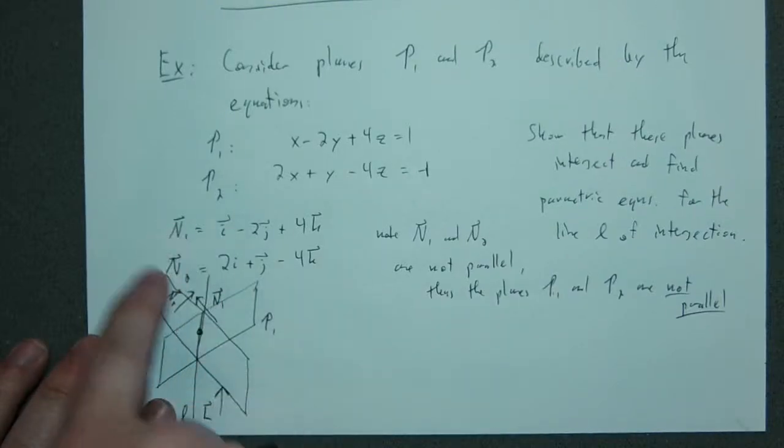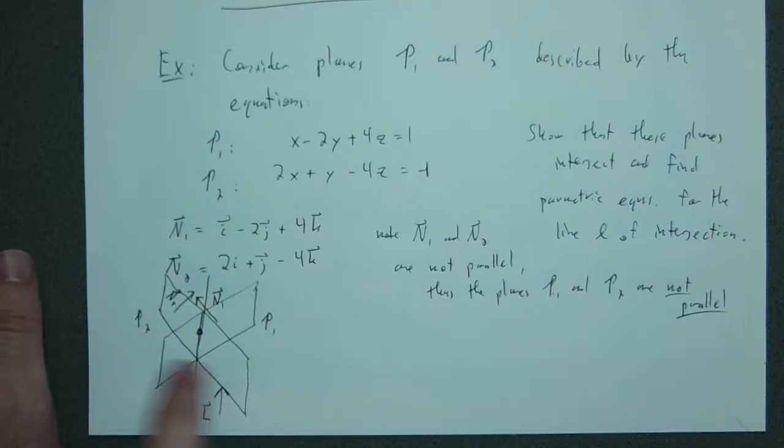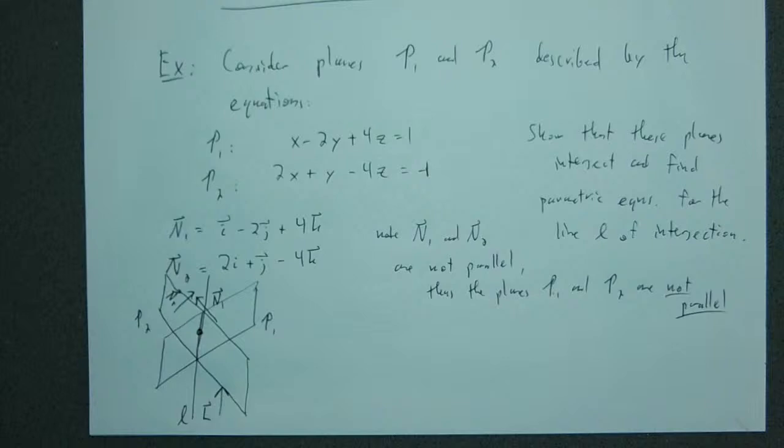Well, if I cross these two normal vectors, I get a non-zero vector, and this vector is in fact parallel to the line of intersection. How can that be? I have two planes that intersect, so since they're not parallel, the cross product of these two vectors is not going to be the zero vector. And that vector, which is going to be perpendicular to both of those normal vectors, is necessarily parallel to the line of intersection.